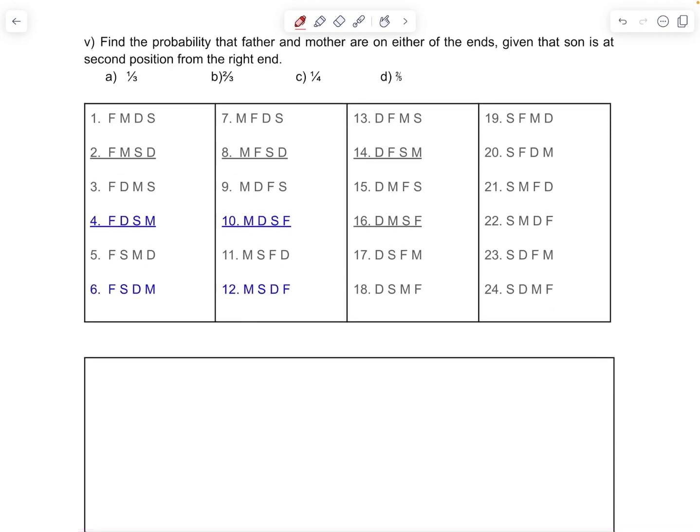Subdivision 5. Find the probability that father and mother are on either of the ends. That means on the extremes. Given that son is at the second position from the right end. Let A be the event where father and mother are on either ends.